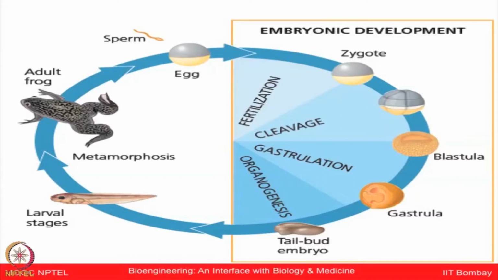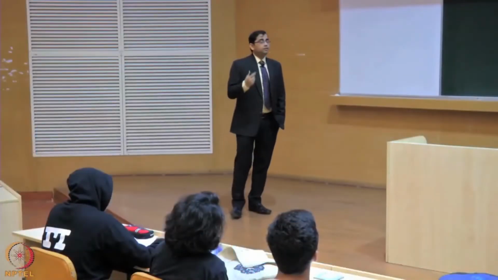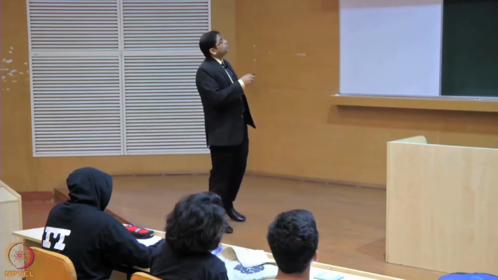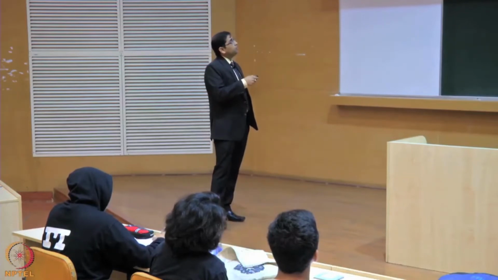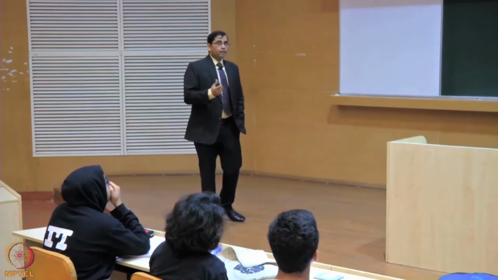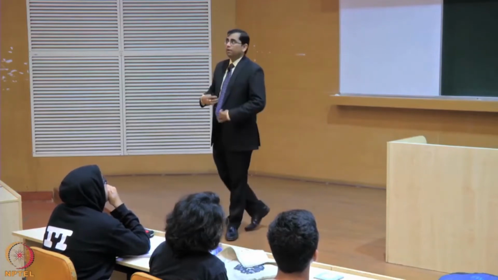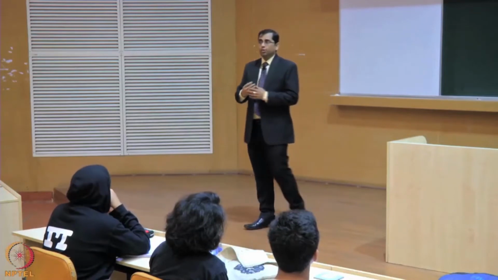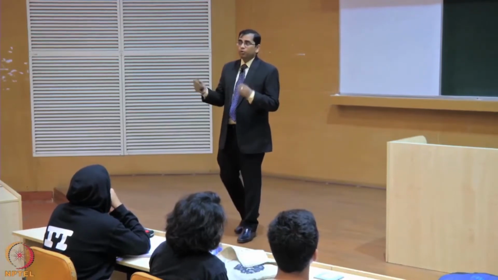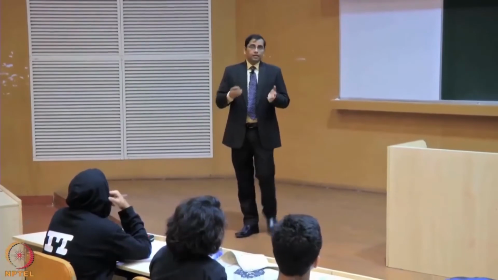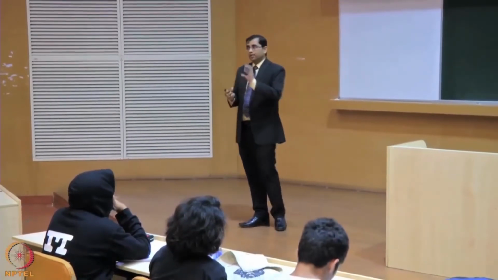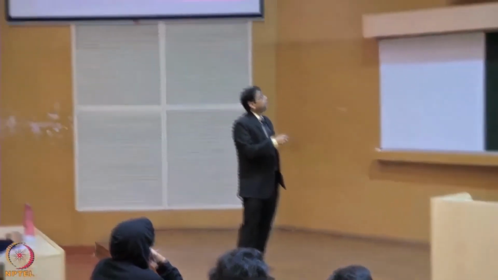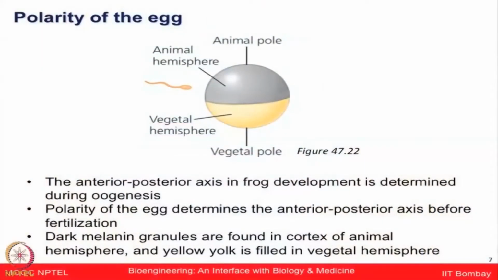Let's think about the egg, and there are factors which dictate the polarity of the egg. So one pole is known as the animal pole, and the second pole is known as the vegetal pole. And again, many of these things are not random. They are pretty much fixed at quite an early stage. So even when meiosis and oogenesis are happening, at that time itself the fate is decided as to which part of the ovum is going to become the animal pole and which part the vegetal pole.